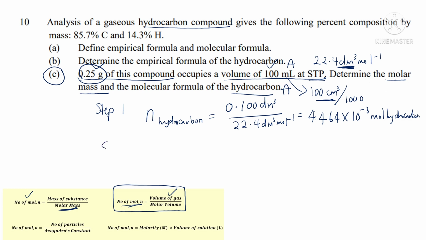In step number 2, we want to find the molar mass. We have the mass and we have the number of moles, so we can use the formula number of moles equals mass divided by molar mass to find the molar mass of the hydrocarbon.